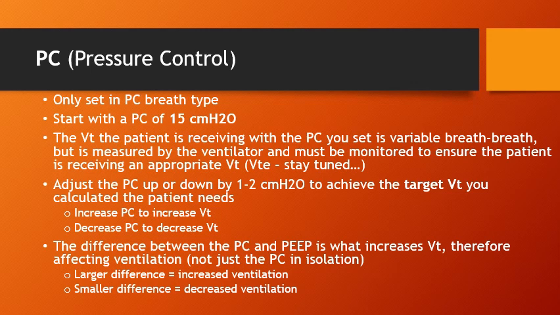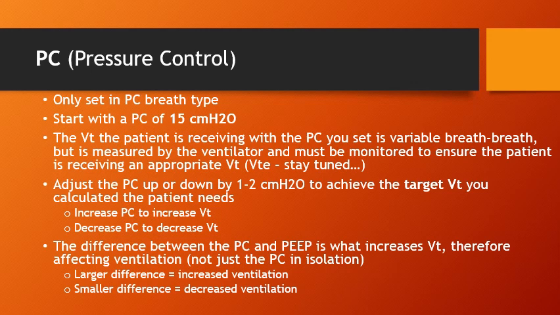So in volume control, we call our tidal volume the actual tidal volume because we're going to actually dial that into the ventilator and the patient will get that amount. In pressure control, that tidal volume that we calculated, we're going to call that our targeted tidal volume. So that's our goal, is for us to hit that tidal volume.